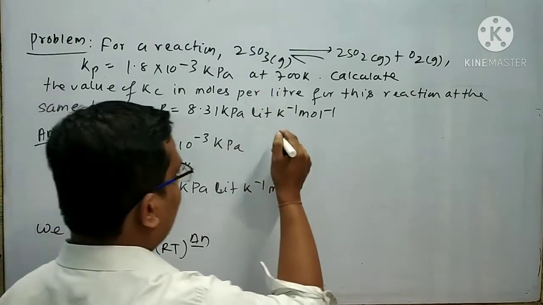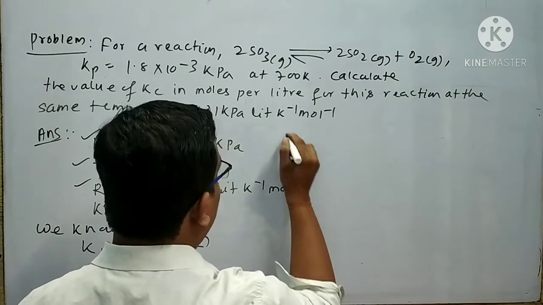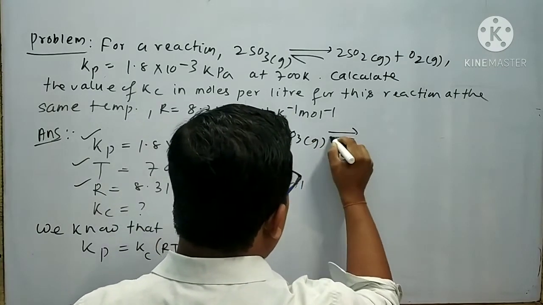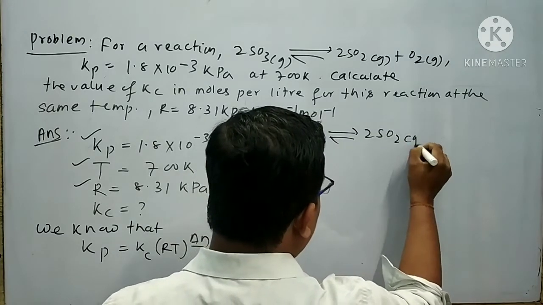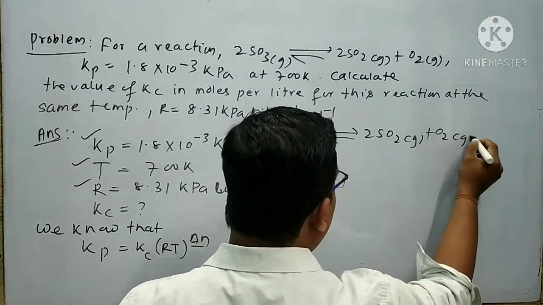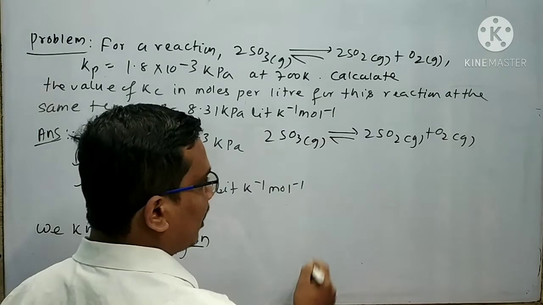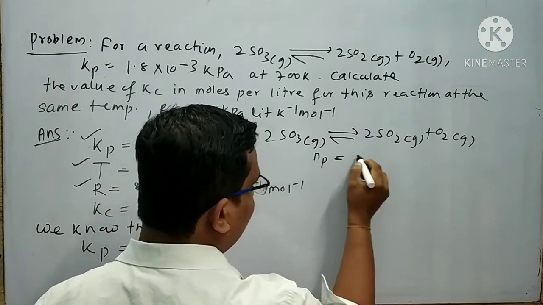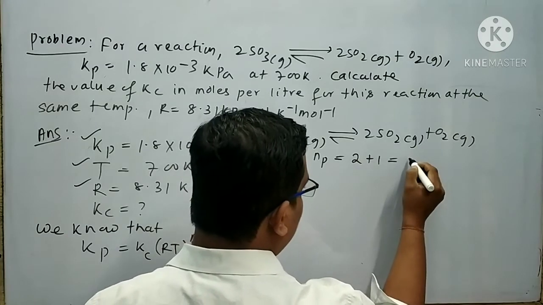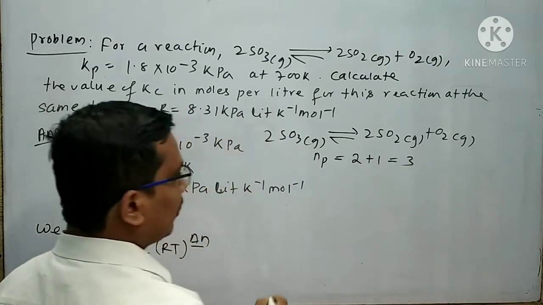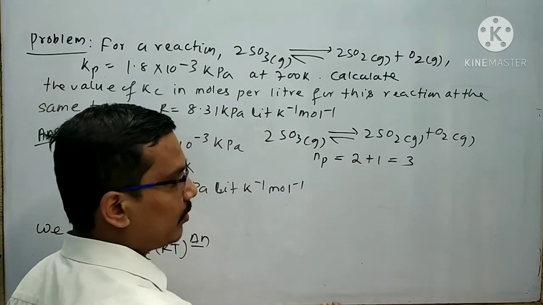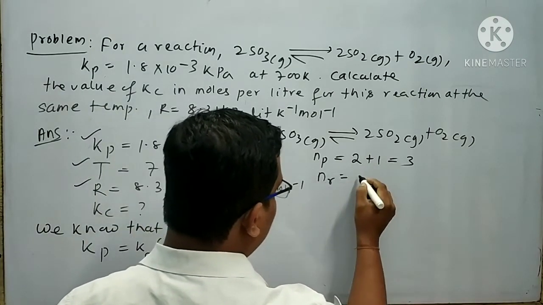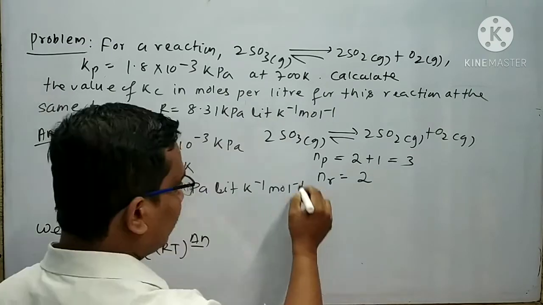In this problem the given equation is 2SO3 gas gives 2SO2 gas plus O2 gas. Here the total number of moles of product, suppose that is taken as Np, equal to 2 plus 1 which is equal to 3. Here the number of moles of reactants, suppose that is taken as Nr, equal to 2.